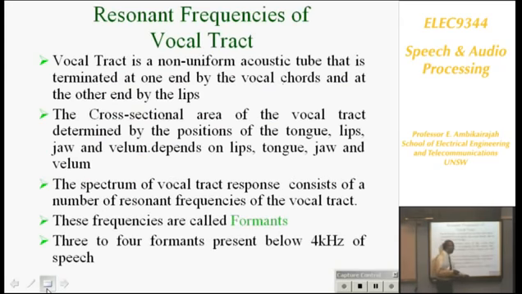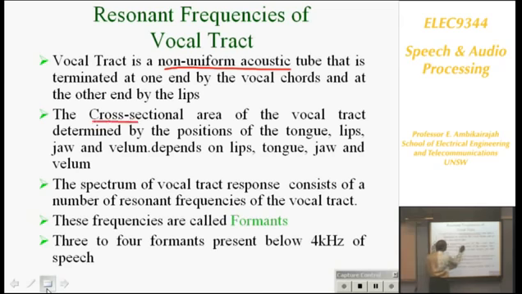The next thing we are going to learn is the vocal tract, which is like an organ tube with different diameters. The length is about 17 centimeters, but the diameter differs along it. What we call the vocal tract is a non-uniform acoustic tube, which starts at the vocal cord and ends at the lips.